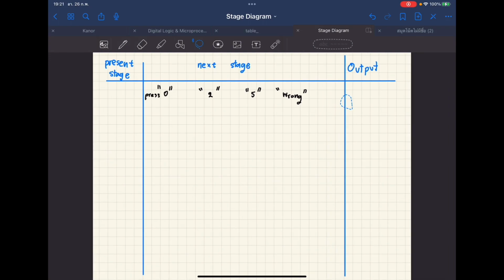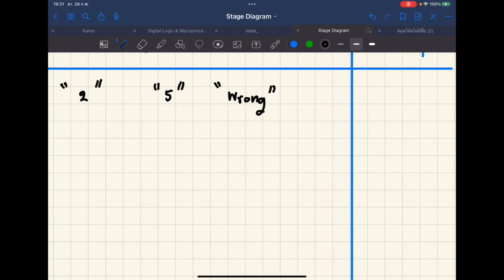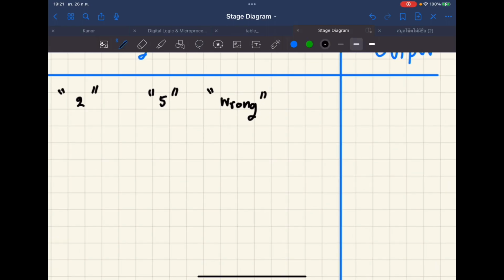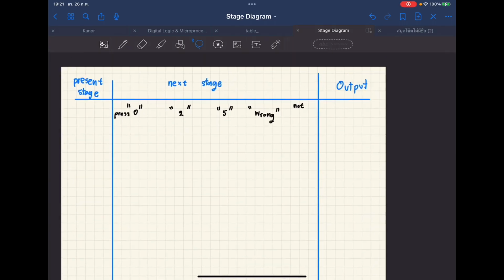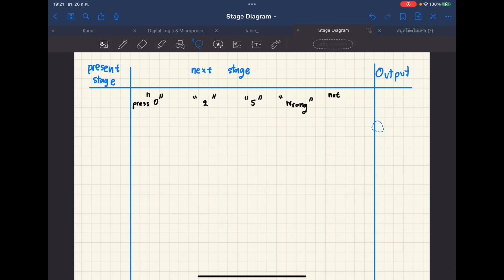And if we release or we don't press the button, not press, or if we release the switch, releasing the button is the same thing.